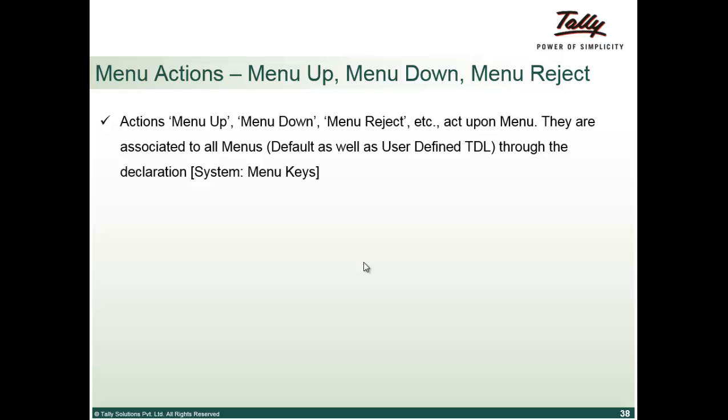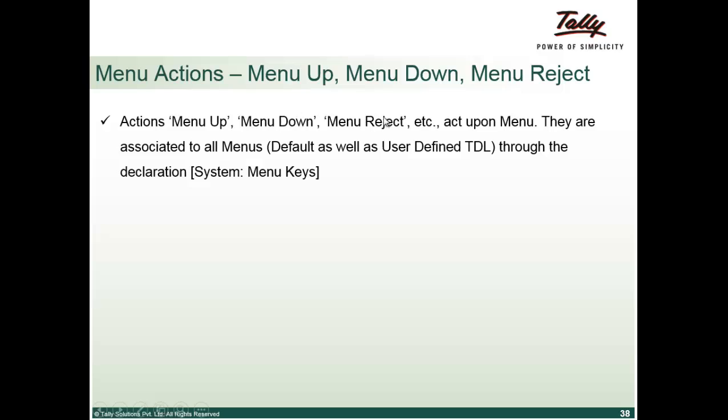So menu actions means that all these actions will be acted upon the menu itself. So they are associated to all menus. So this particular menu up, menu down and menu reject, these are actually associated with all the default menus and the menus which you also write in your TDL.